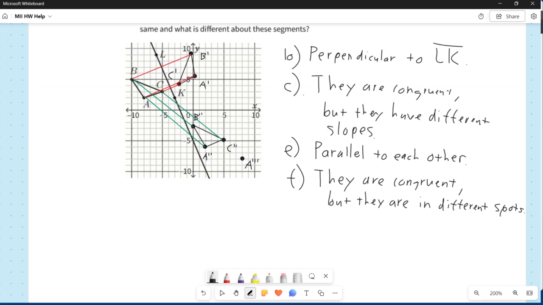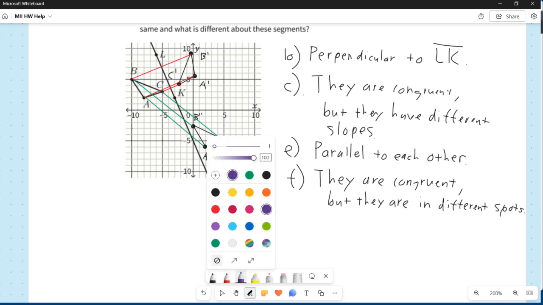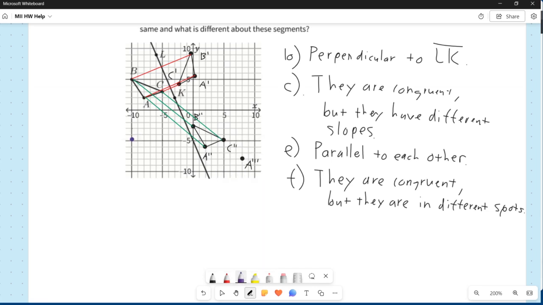We'll do the same thing with B. With B, we are going to go down 10. So 1, 2, 3, 4, 5, 6, 7, 8, 9, 10. That brings us to here. Notice that our x-coordinate is negative 10, which means when we flip it over the y-axis, we're going to go 10 and then 10 more.